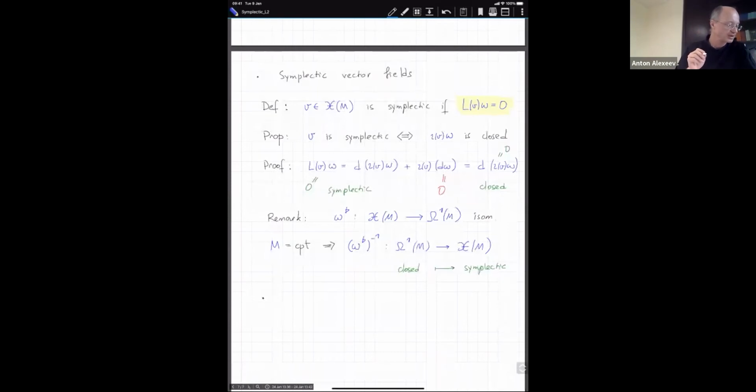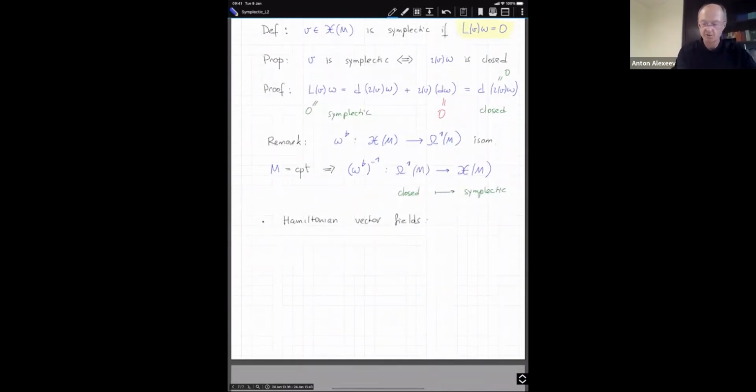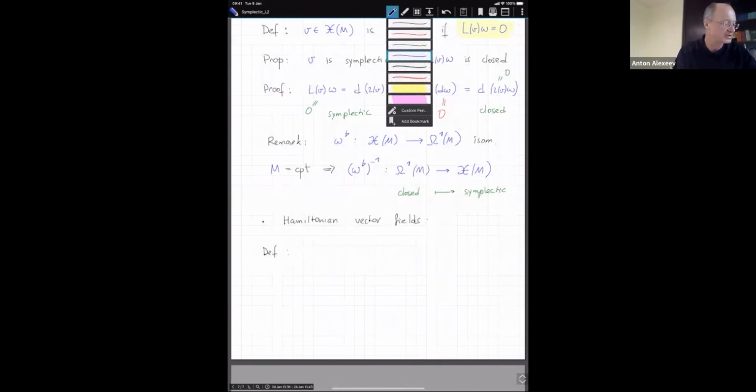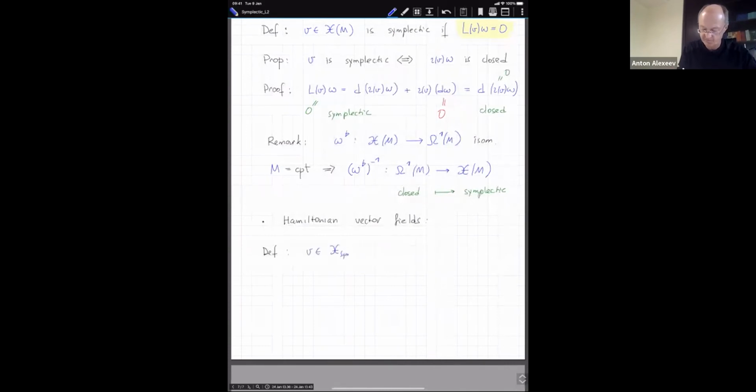Good. So the next question I wanted to discuss are Hamiltonian vector fields. Again, a definition. Suppose we have a symplectic vector field.